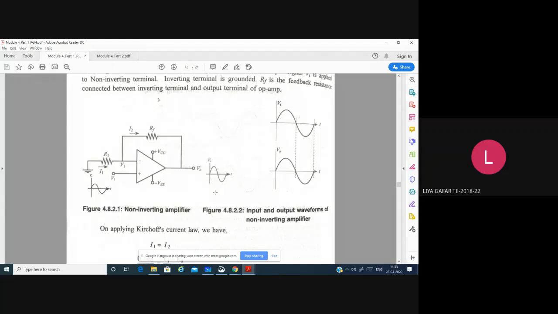See, I'm using this circuit only. I'm giving input to the positive terminal. Instead of giving the feedback to the negative terminal, I'm giving it to the positive terminal. What might happen?